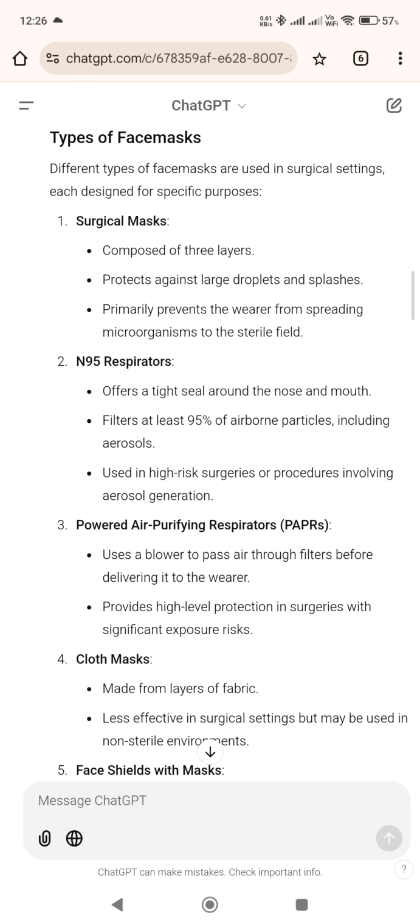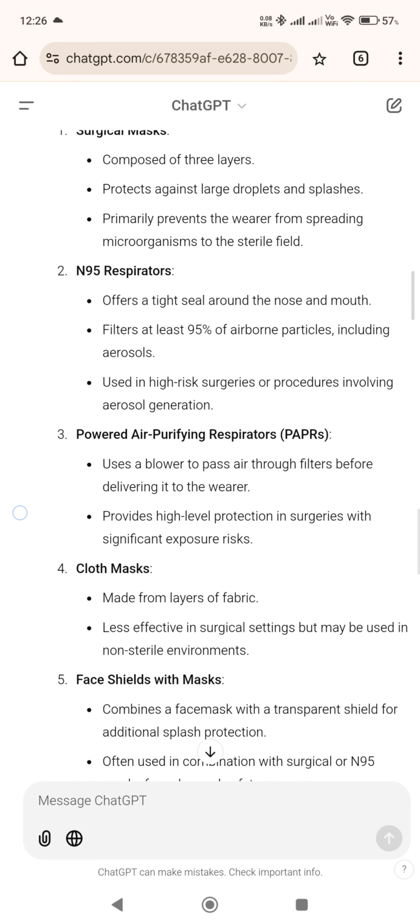Filters at least 95% of airborne particles, including aerosols. Used in high-risk surgeries or procedures involving aerosol generation. 3. Powered air purifying respirators, PAPRs. Uses a blower to pass air through filters before delivering it to the wearer. Provides high-level protection in surgeries with significant exposure risks.